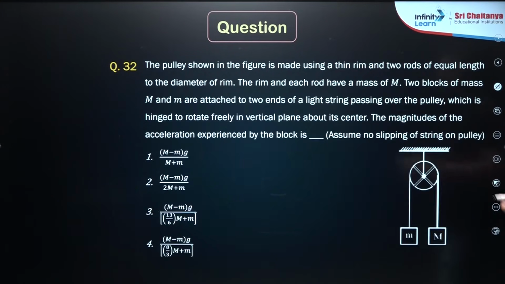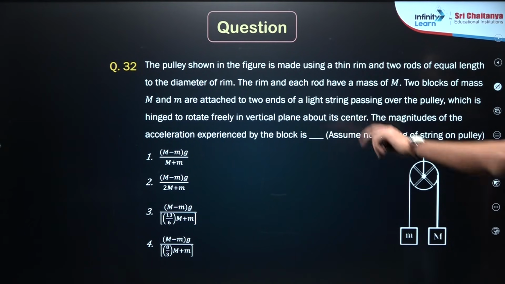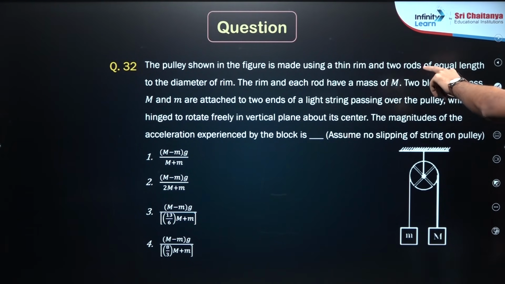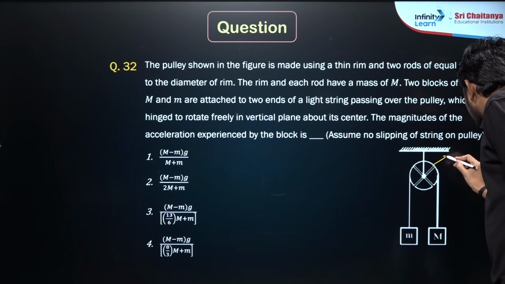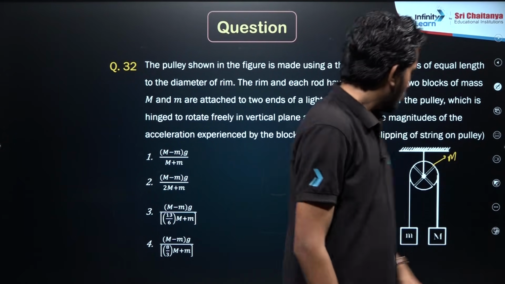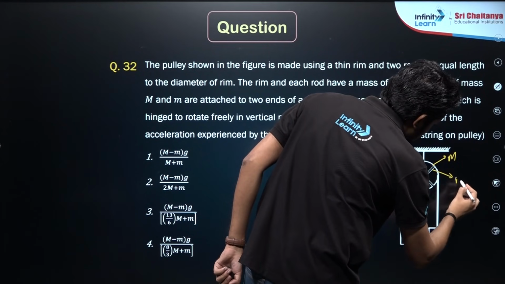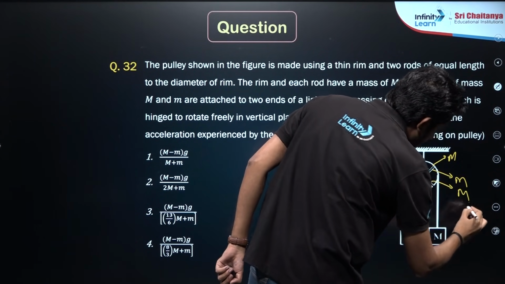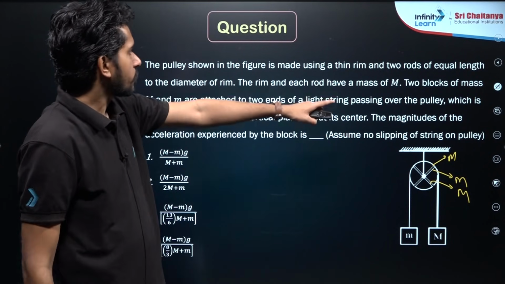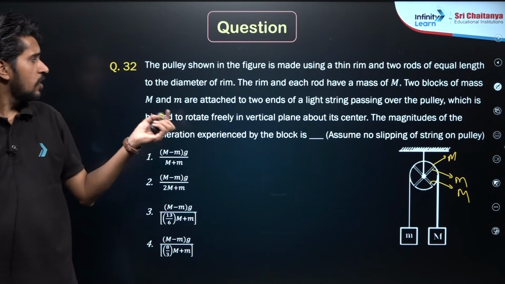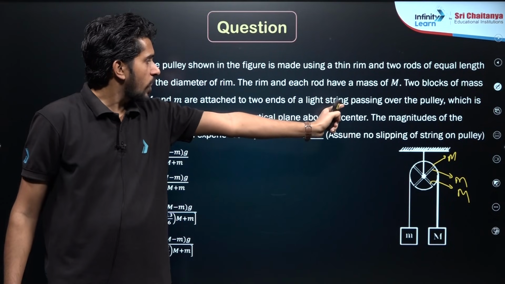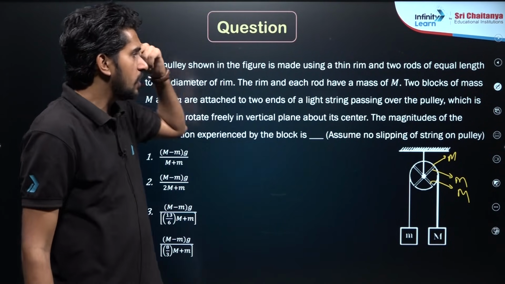So in question number 32 we have the pulley shown in the figure made using a thin rim and two rods of equal length to the diameter of rim. The rim and each rod have mass M. Two blocks of mass capital M and small m are attached to two ends of a light string passing over the pulley.